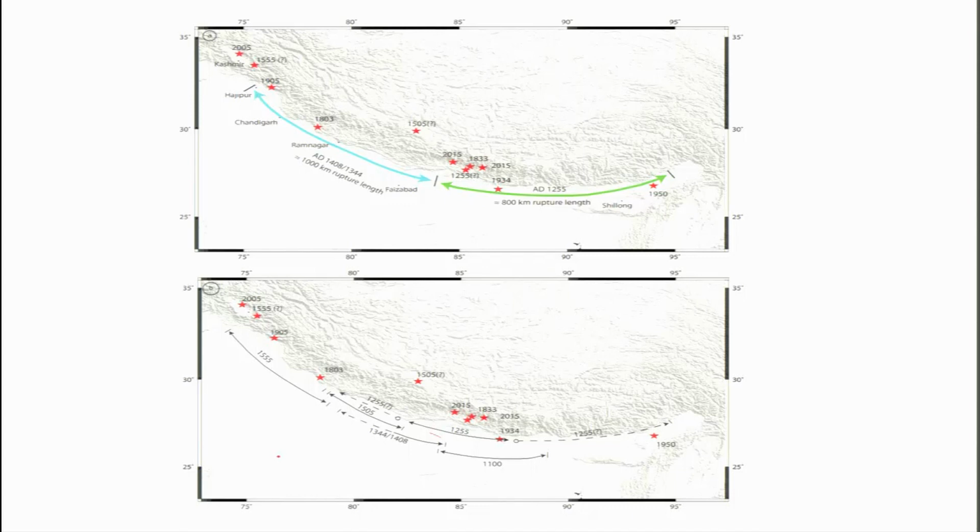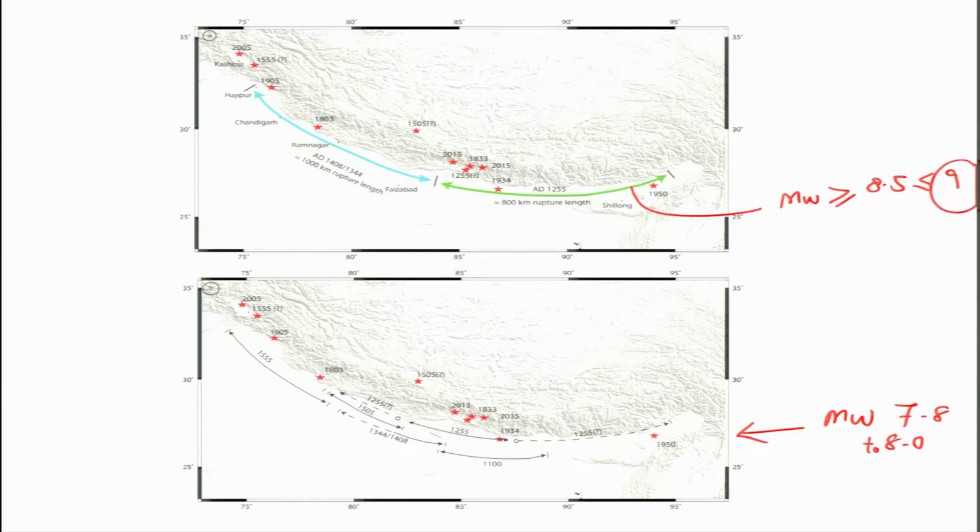So in that case, we are saying that this may be an earthquake of magnitude greater than or equal to 8.5 or less than or equal to 9 or so. And in another scenario, we say that okay, all these earthquakes were of magnitude around 7.8 to 8. So these are two different things which we are talking about.